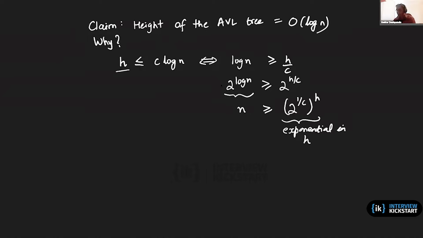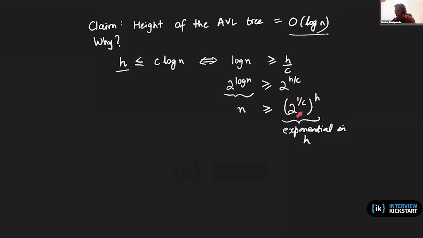The height of the tree is order log n is equivalent to saying that the number of nodes in the tree has to be exponentially growing with the height. 2 to the power 1 by c is just the cth root of 2. So if c is 2, for example, we are talking about the square root of 2. If c is 3, we are talking about the cube root of 2, and so on.